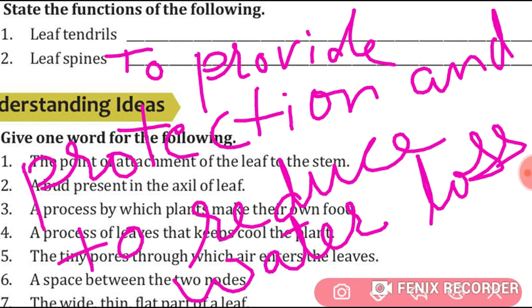So, what is the answer of this question? Leaf spines, to provide protection and to reduce water loss.